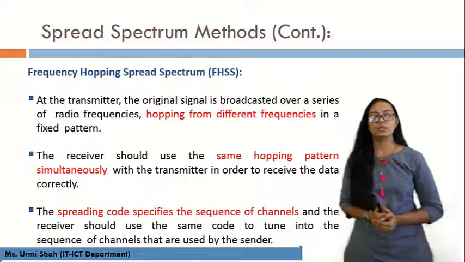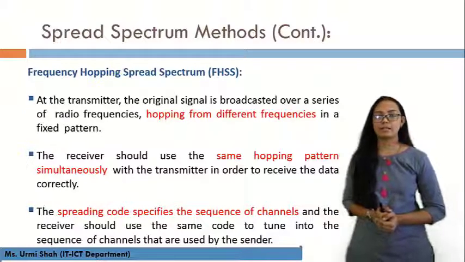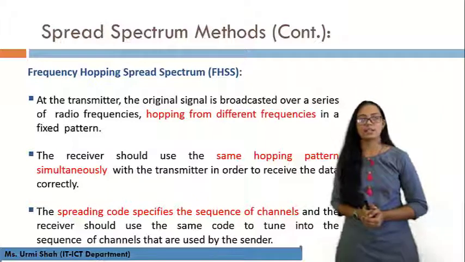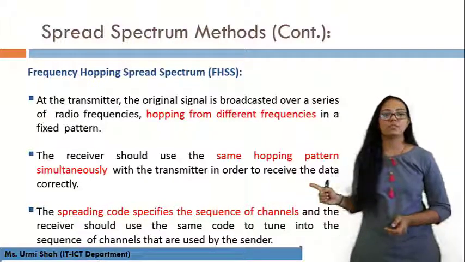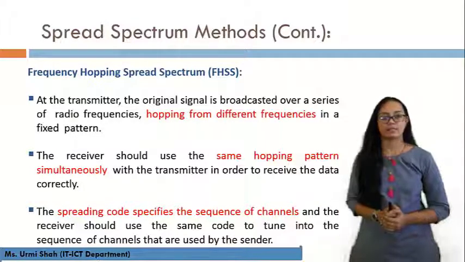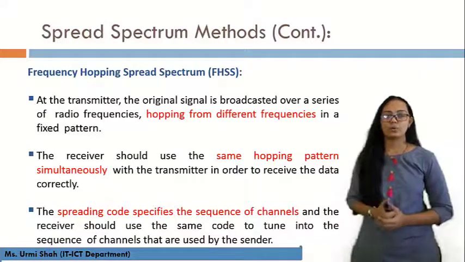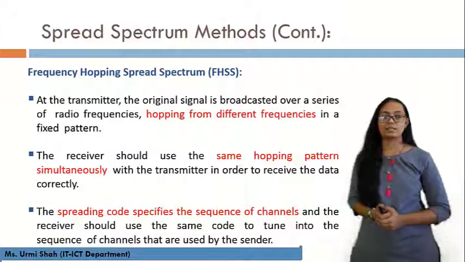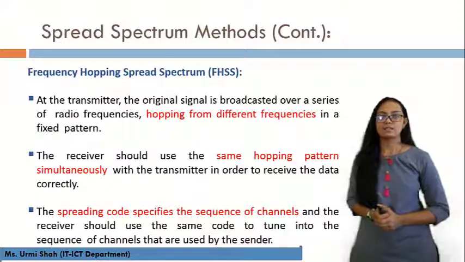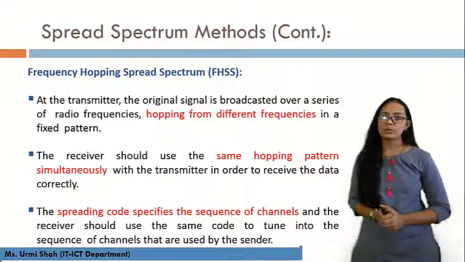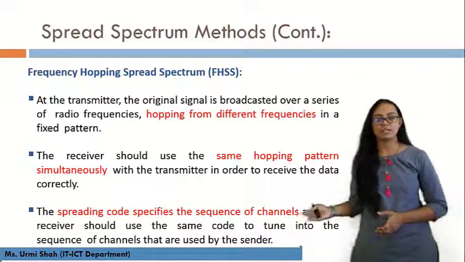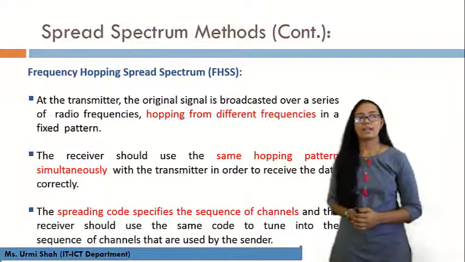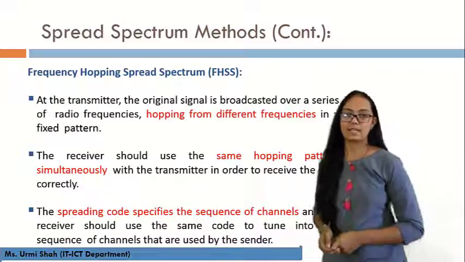The receiver should use the same hopping pattern simultaneously with the transmitter in order to receive the data correctly. The spreading code specifies the sequence of channels, and the receiver should use the same code to tune into the sequence of channels used by the sender.